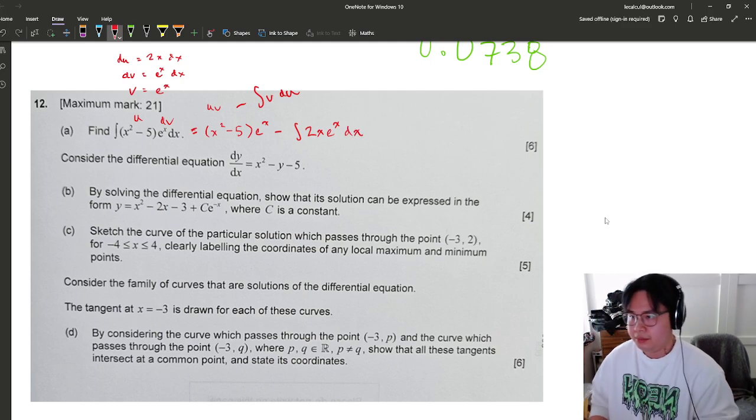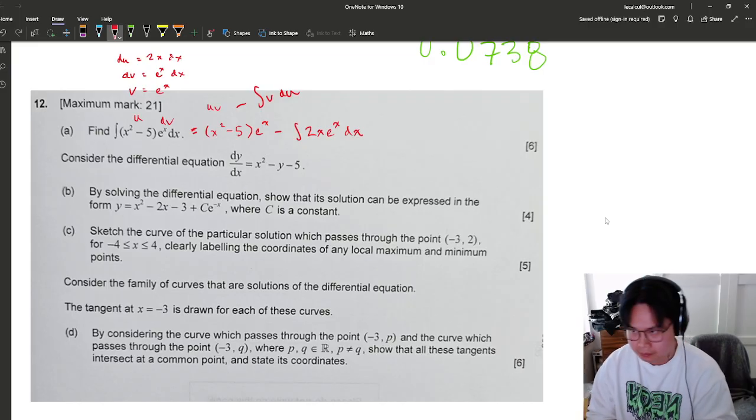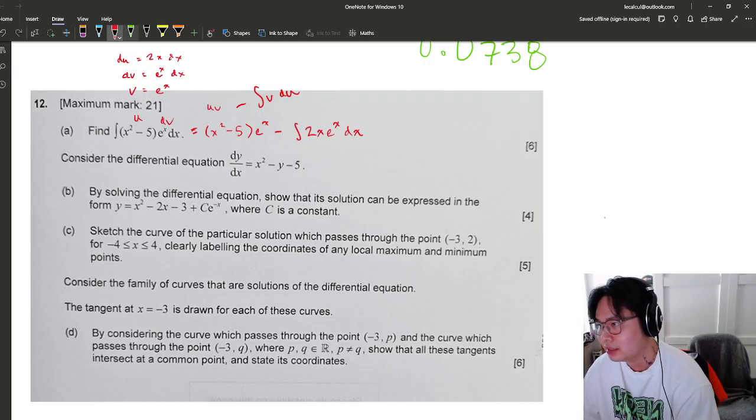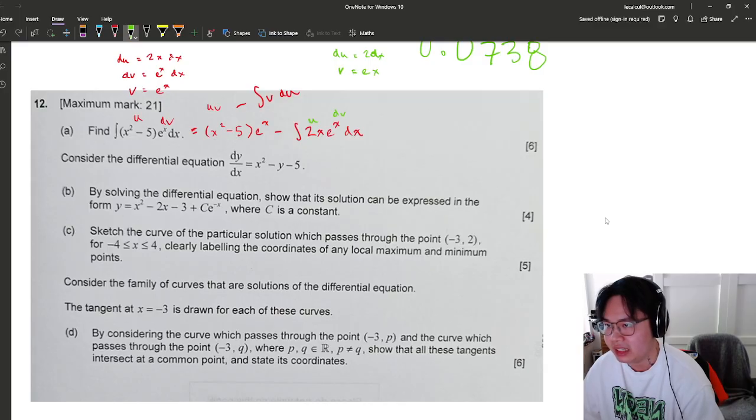Okay, and then we repeat the process again. U, dV. So du is 2 dx. V is e^x.